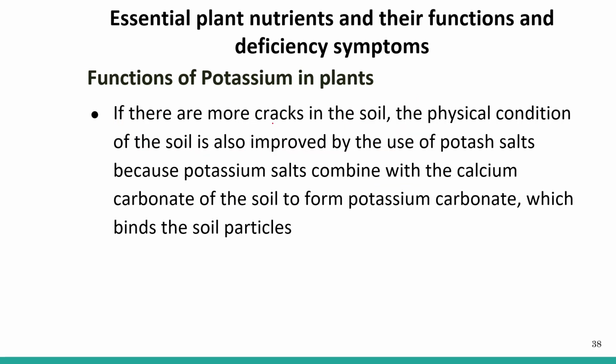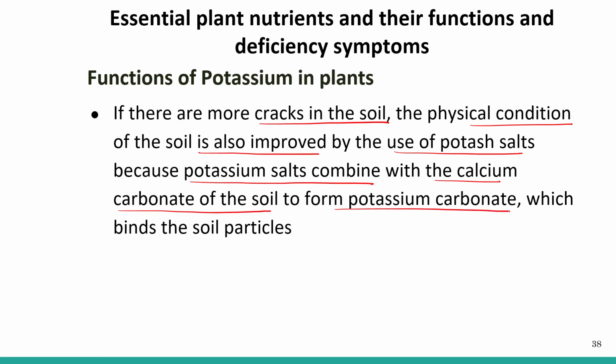If there are many cracks in the soil, the physical condition of the soil is improved by the use of potash salt, because the potassium salts combine with the calcium carbonate of the soil to form potassium carbonate, which binds the soil particles. Very, very important.